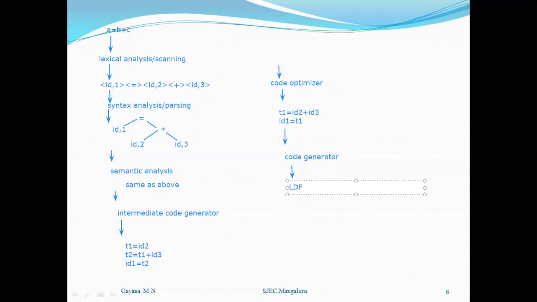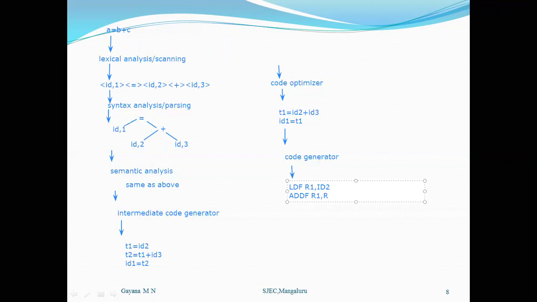I'll be making use of F just to represent that the type of values I'm dealing with is floating point, or nothing but real values. So you have some register, let me call it register 1, to which you load the value ID2. Next, you can perform addition, which is ADDF.